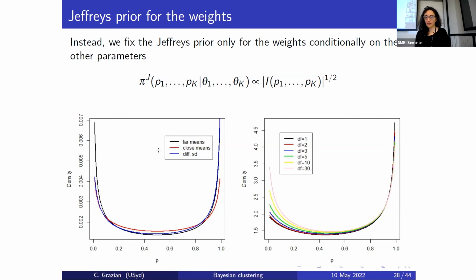In this case, everything is defined by default, in the sense that it's defined through the determinant of the Fisher information, and this, as I said, was good in the sense that it tended to favor some components and not others.